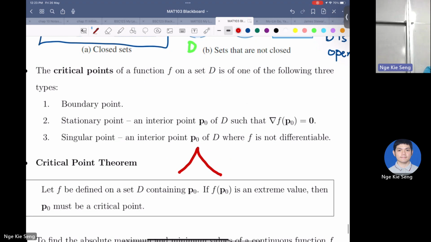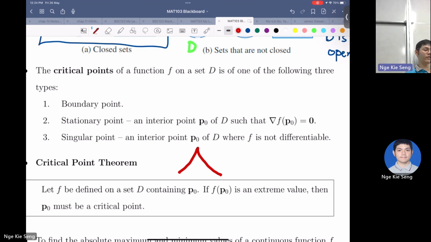Next is how you determine an extreme value point. If f(p naught) is an extreme value, then p naught must be a critical point. Do you see the logic or not?